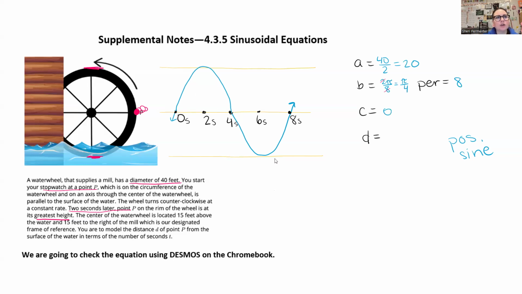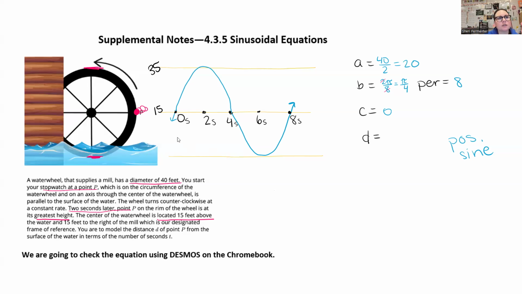All right, now we know how far up and how far down we go, but we don't know at what height this is. That's really the last piece of information that I need. It says the center of the water wheel is located 15 feet above the water. So I know that this has to be at 15. What would the top of the water wheel be? Like, how high does it go? 35.